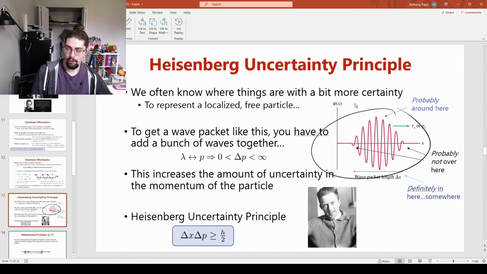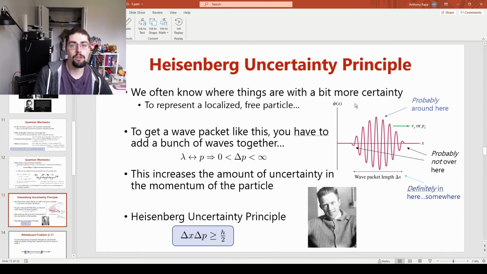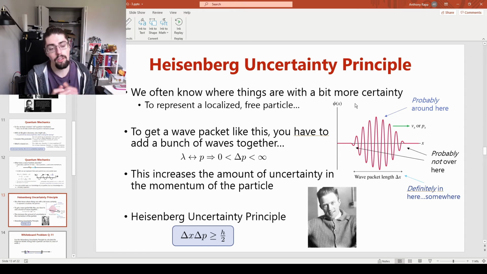So to talk about any sort of particle like this in this wave packet, I would essentially have to be looking at the summation of all of these different waves stacked up together to give me some sense of where this object might actually be. But with all that information, the more I know, the more I am condensing all of this information down, trying to get an exact description of where this thing is, the more information I lose about my momentum.